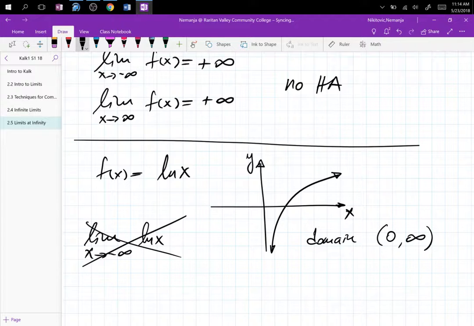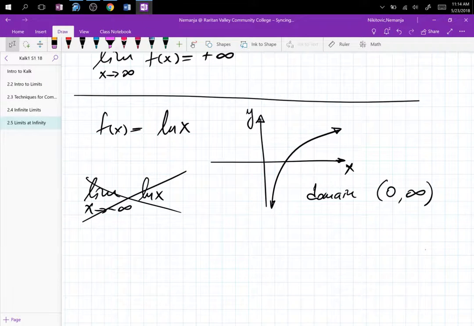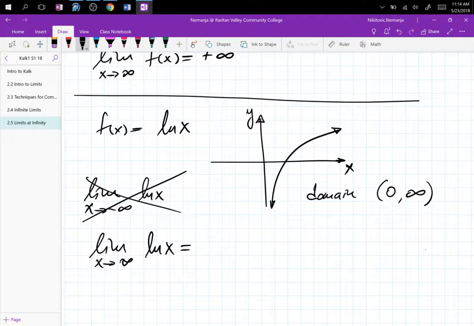So we don't get to ask the question for negative infinity. For positive infinity, sure, right? We are going to say the limit as x goes to positive infinity of ln x is positive infinity. Very good, because it always goes up, right? This end of the line, which shoots towards positive infinity in x, will also always go up, which is positive infinity on y.